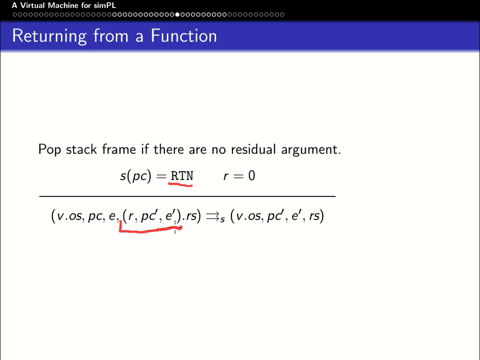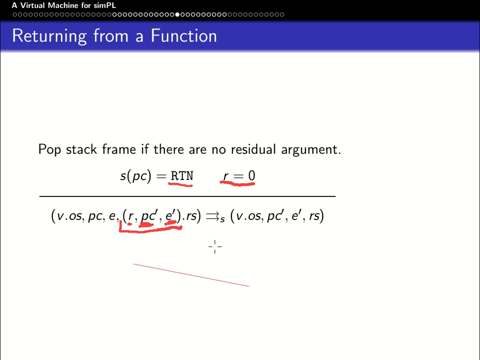The call always comes before return, if the compiler is correct. So there's a frame at the top of the stack. This frame contains a number of residual arguments, which we assume to be 0, a return address, and an environment of the outer scope.